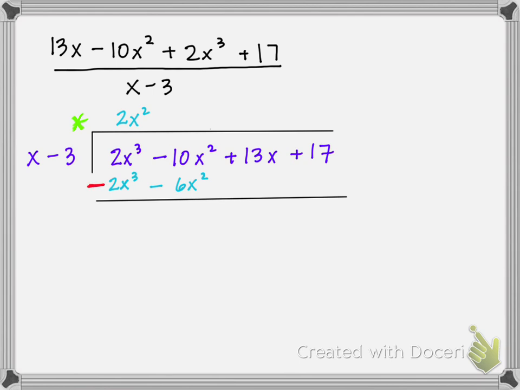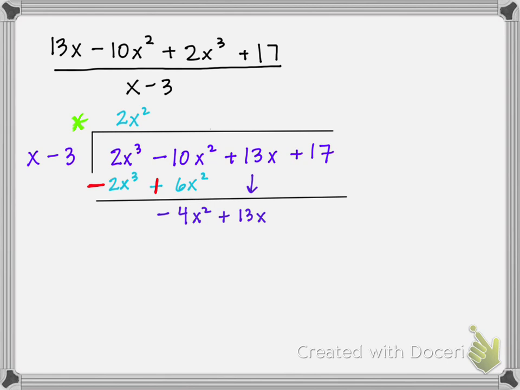So I minus this guy, but now I'm going to minus a minus, which means I'm going to plus that guy. Okay, what's left, in this case, 2x cubed minus 2x cubed is no x cubes. Negative 10x squared plus 6x squared is negative 4x squared. I'm going to carry down my 13x.